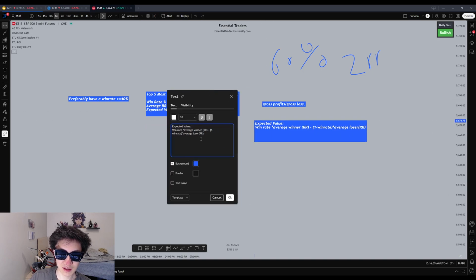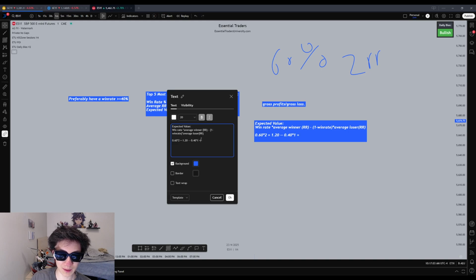But nonetheless, if you do the math here, your win rate always turns into decimals, by the way. That's just how percentages work, if you don't know. Your average winner is 2 risk reward. So we just do 0.60 times 2, which is 1.20, and then we subtract the losing, which is 40%, and then this is also just multiplying by 1.